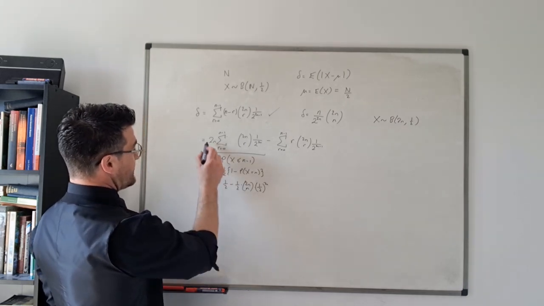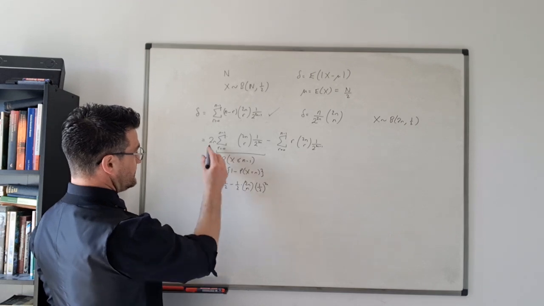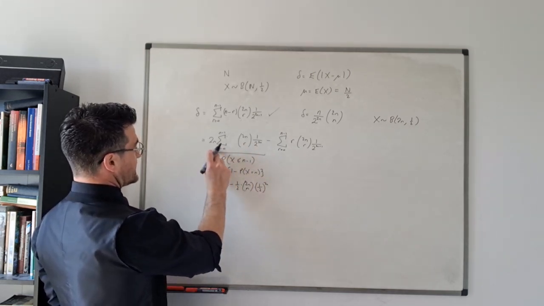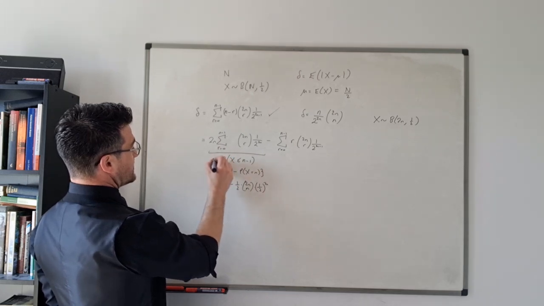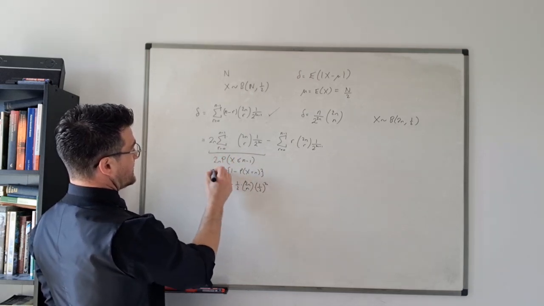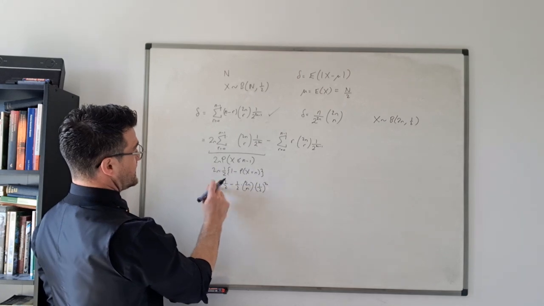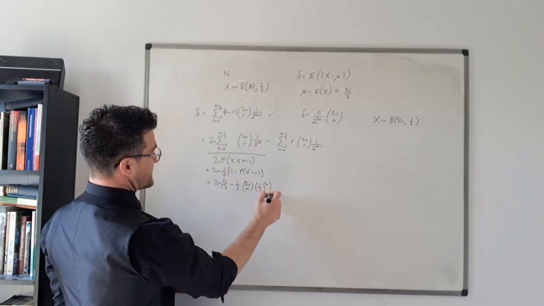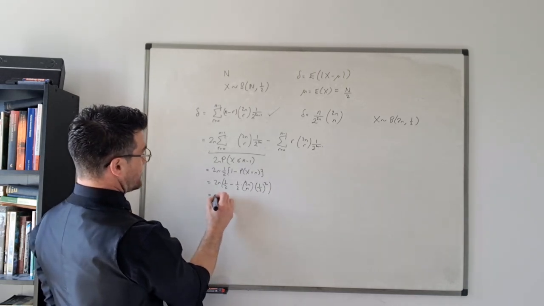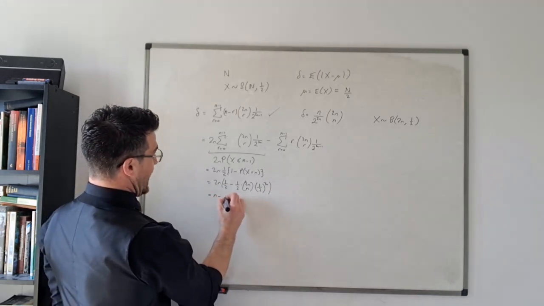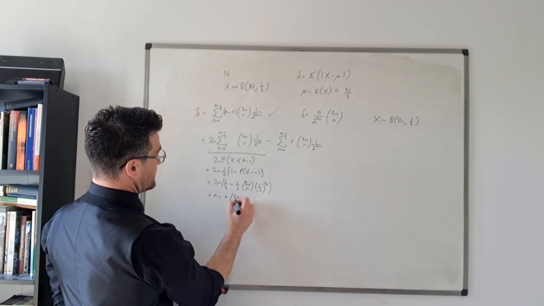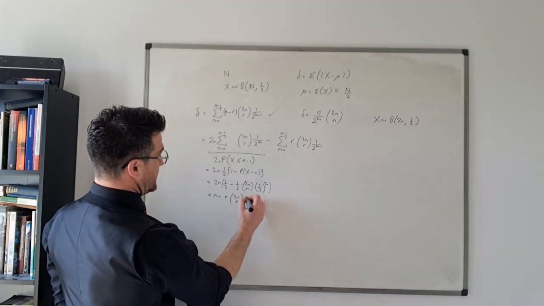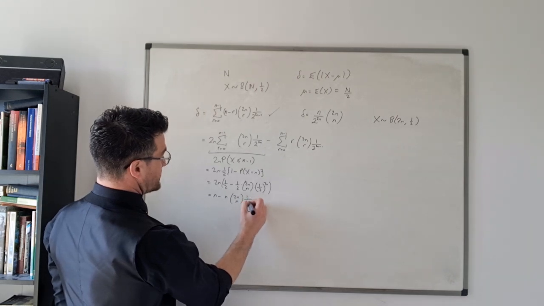So therefore, this thing here is going to be 2n times that. So let's extend that now. So we've got 2n times all of this, which is equal to n minus n times 2n choose n, times a half, or 1 over 2 to the power of 2n.